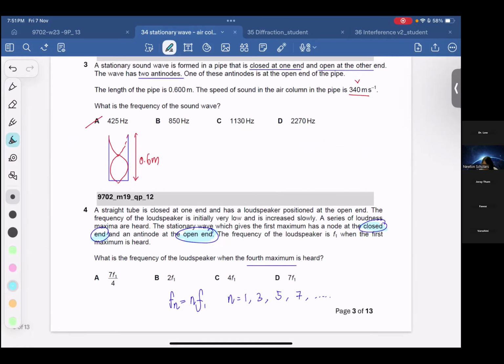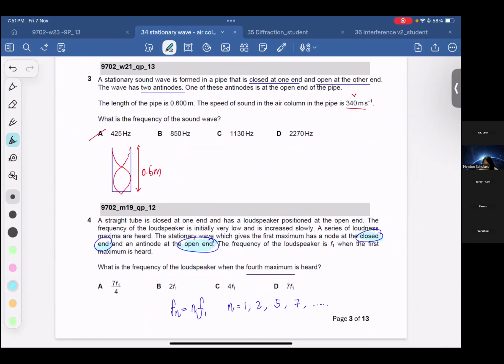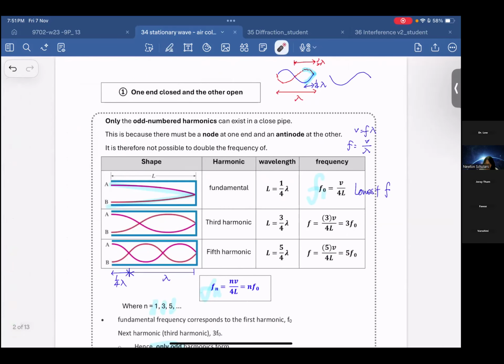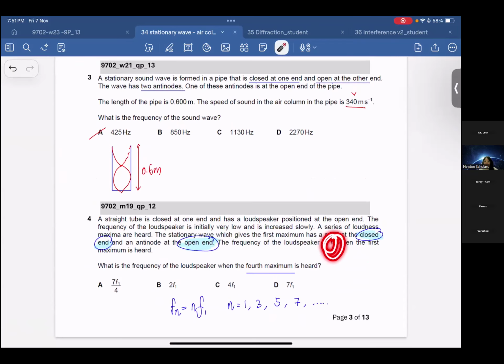They say the frequency is F1 when the first maxima is heard. In their question they're using F1. So the next one should be n times F1, but the n we can have is only odd: 1, 3, 5, 7. For maxima, that means 1, 2, 3, 4.